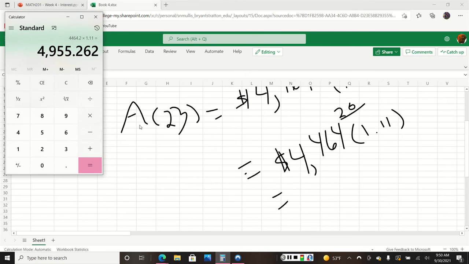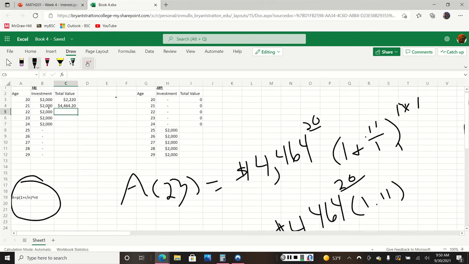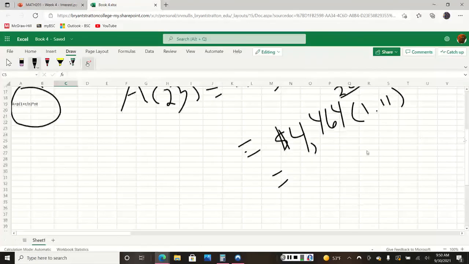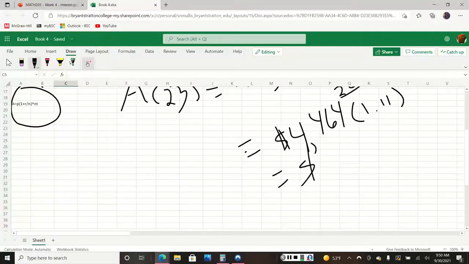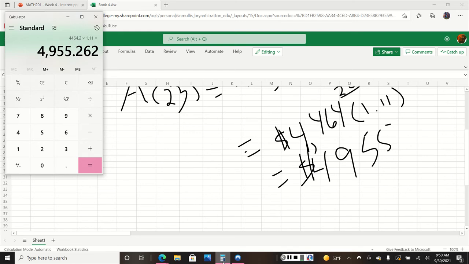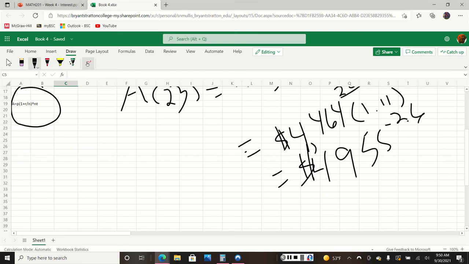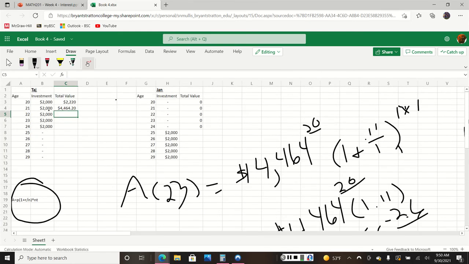$4,955.26. But Taj also made another $2,000 investment. So we need to add that number. So we got $4,955.26. But we need to add 2,000 because Taj, again, she invested $2,000.